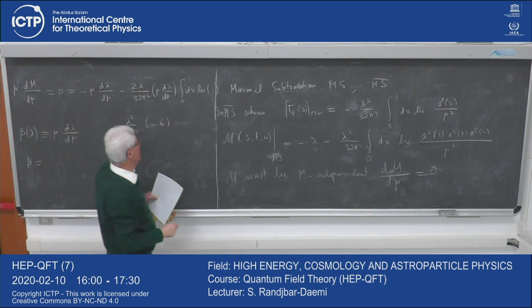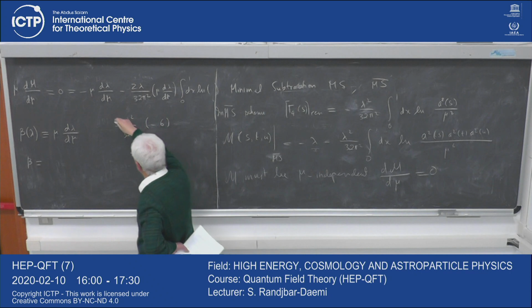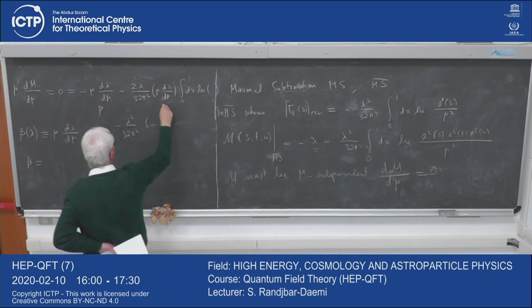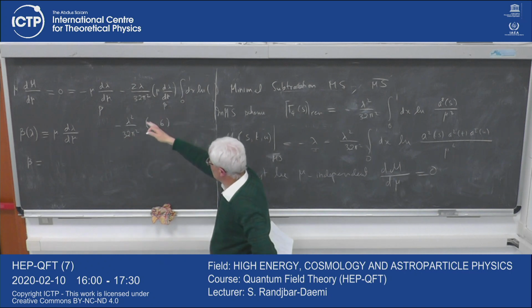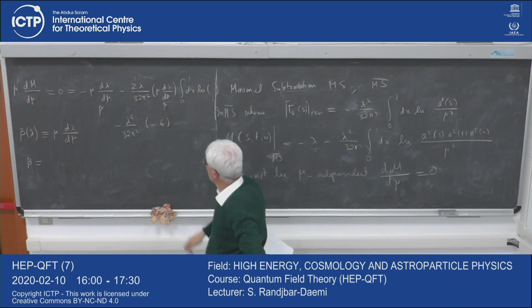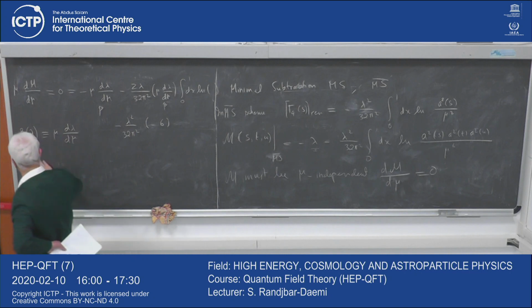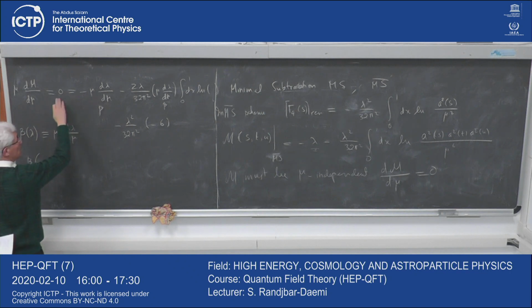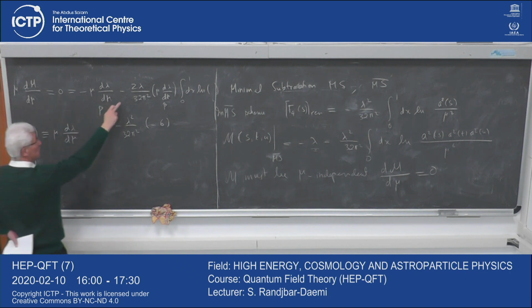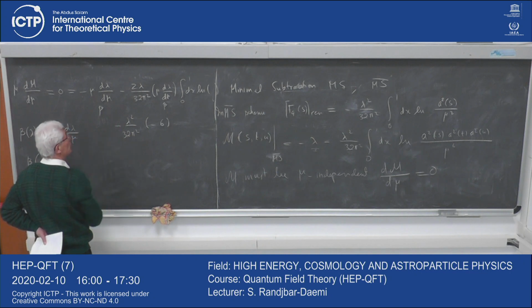In evaluating beta, there is a beta here and there is a beta here. So we can put beta as a common factor and take out the coefficient. I will multiply everything by a minus sign. That minus will go away, that minus will go away, this minus will go away.